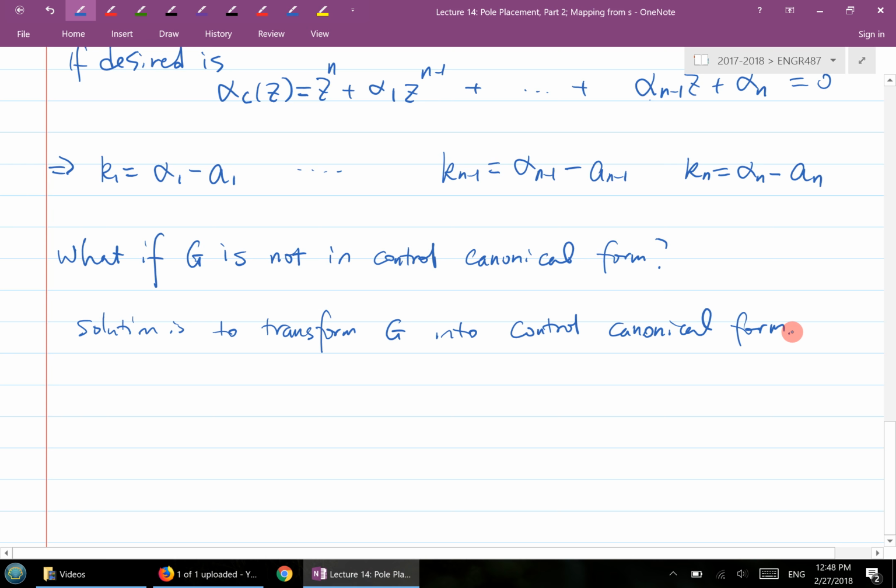If you recall in the lecture for similarity transformation, all you need to do is come up with a matrix T. Then you use T inverse G T, with the appropriate T matrix, so the end result will be a control canonical form. That's the idea.